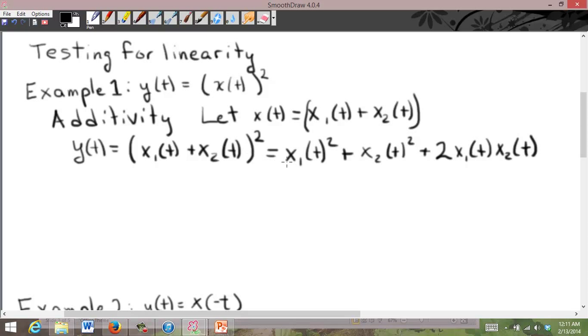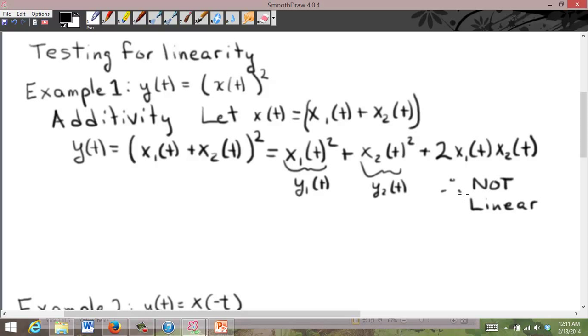So this first term would be y1, the second term would be y2, but there's no way to get rid of the last term, so there's no way to manipulate this to end up with y of t equals just y1 plus y2. Therefore, and that's the symbol for therefore, not linear.